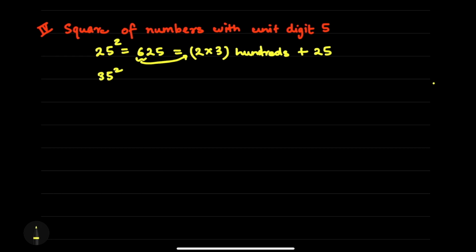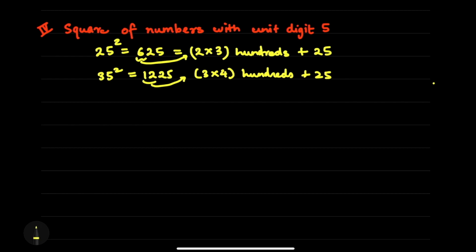So 35 square is equal to 1225, where this 12 can be written as 3 into 4, hundreds plus 25.